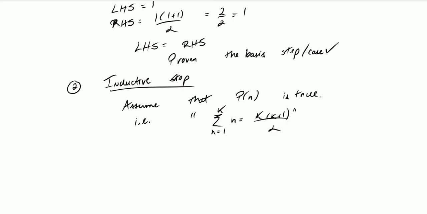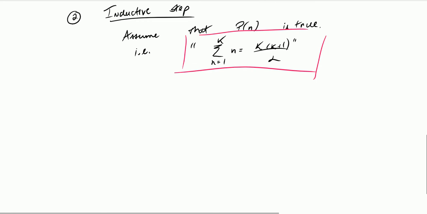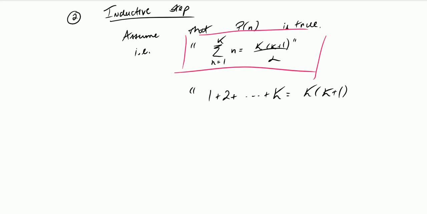So I'm assuming that this statement is true. I'll rewrite this one more time so it's clear. That just means that 1 plus 2 plus dot dot dot plus k is equal to k times k plus 1 over 2. In this case, I'm assuming that this is true.